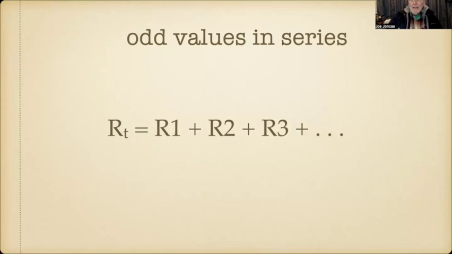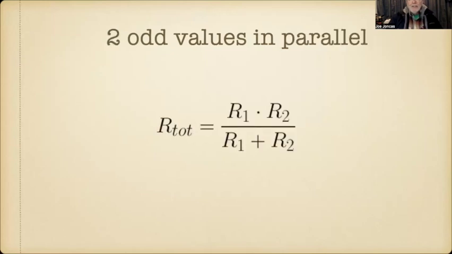So if we look at this though, now this is a little bit harder to deal with. If you have two resistors in parallel, you use this formula and you can figure out what the total resistance is. What does odd refer to? Two odd values. R1 and R2 are not the same value.